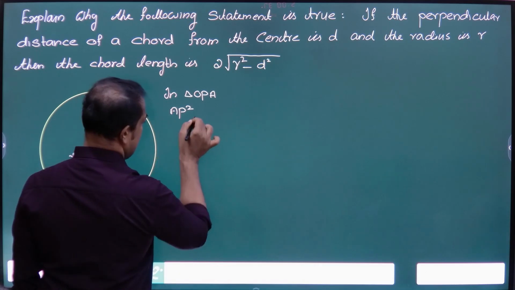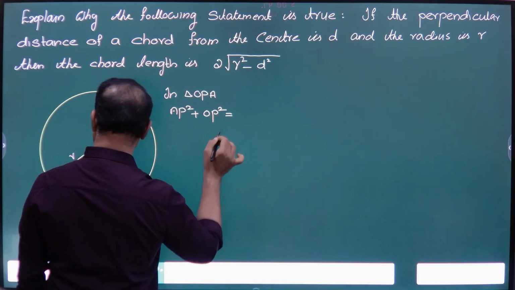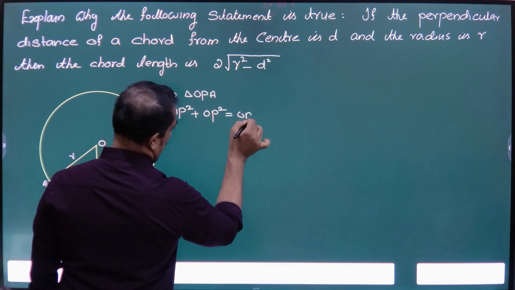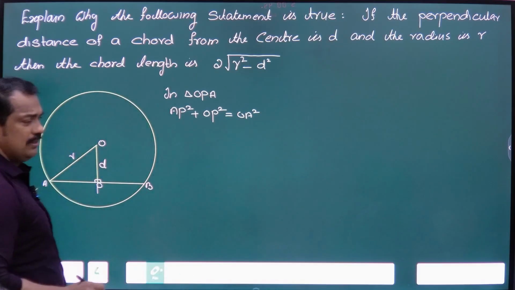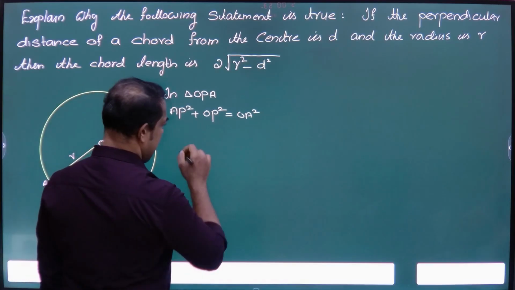AP square plus OP square is equal to OA square. बात एक ही है. ये बाद में शिफ्ट कर लो. अप्लाई पाइथागोरस थ्योरम मैं डायरेक्ट लिखाता हूं. ठीक है.